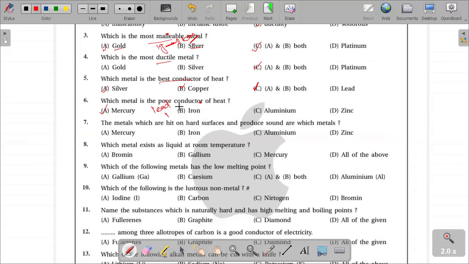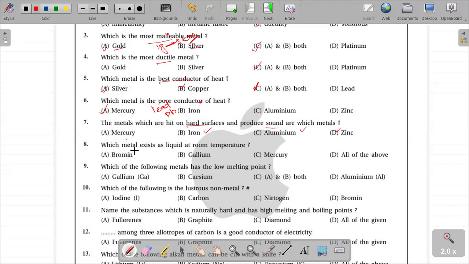Lead symbol is Pb. And the metal which is hard and produces sound on a hard surface: mercury is a liquid at room temperature, so it won't make the sound. And next, iron, aluminum, zinc. These three elements will make the ringing sound. It will show the sonorous nature.